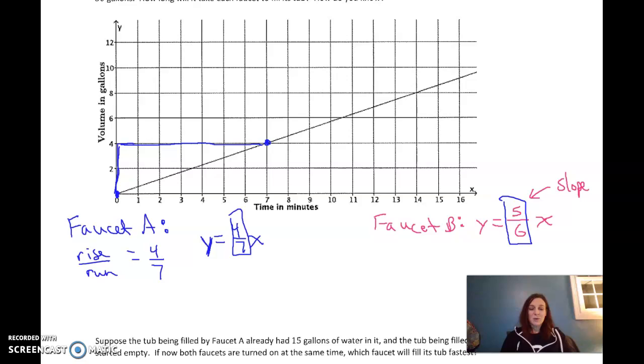So the first question asked, which one has the greater flow rate? If I change these to decimals, because that's easier to compare than finding a common denominator, I would just go 4 divided by 7, which is 0.5714, and so on.